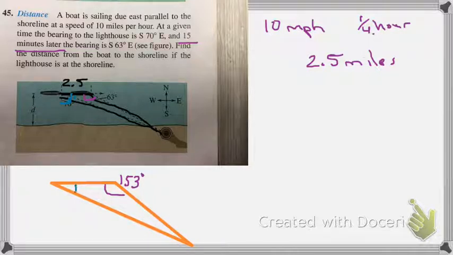So that means this one's got to be 20. And I know this is 2.5 miles. I have two angles inside of that triangle, so I can get the third. So 20 and 153 is 173. So that means that this has got to be the rest of the 180, or 7 degrees. Yeah, that's my 7.